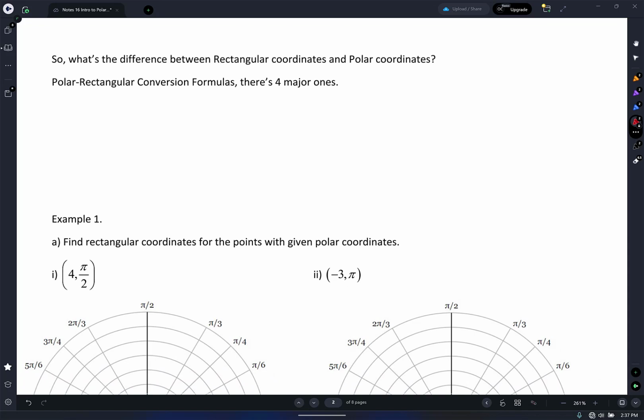So what's the difference between rectangular coordinates and polar coordinates? Polar rectangular conversion formulas, there's 4 major ones. I could very easily just give you formulas for conversions, and some kids like that: just give me the formula and I'll use it.